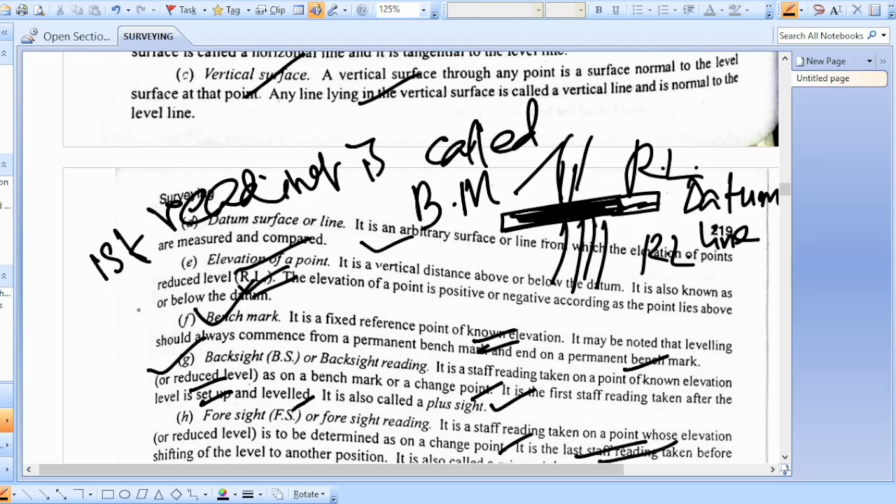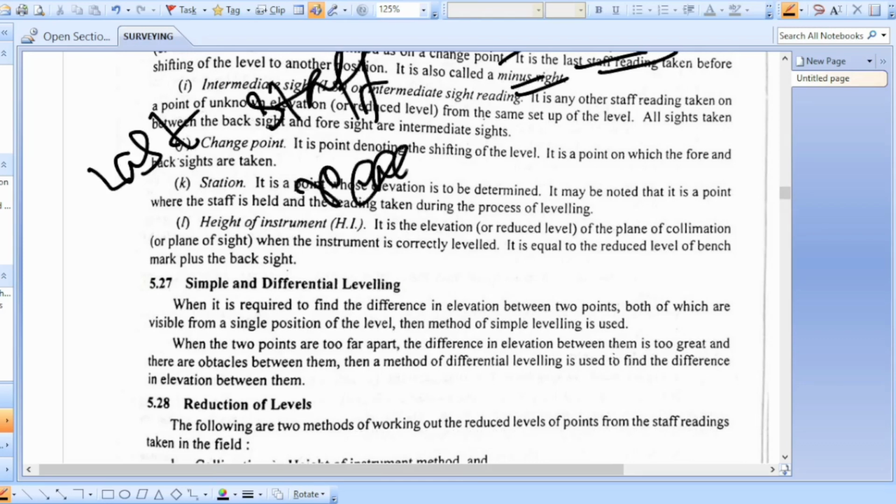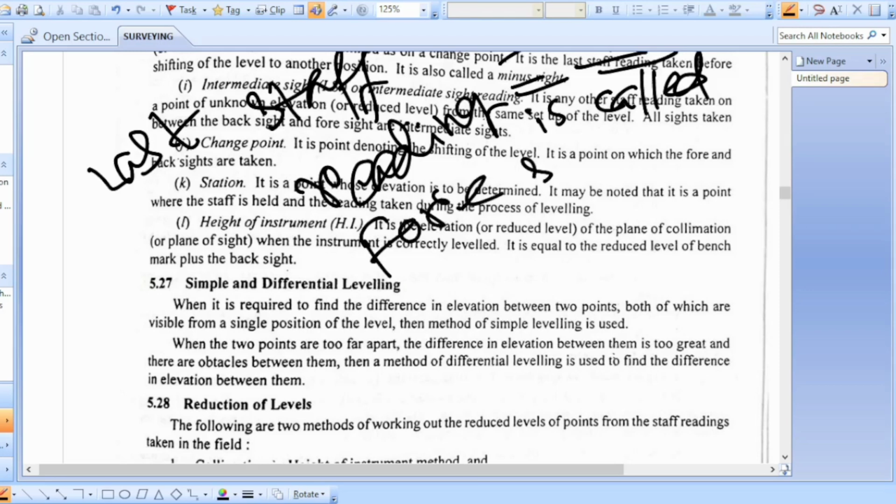Last staff reading, इसको माइनस साइट कहा जाता है. Last staff reading is called foresight.